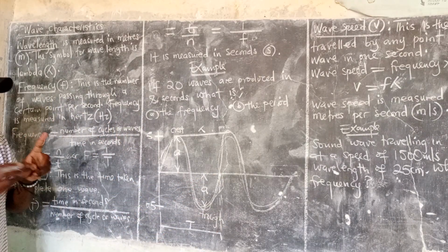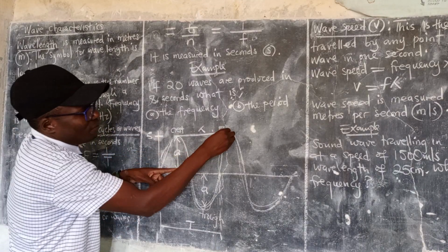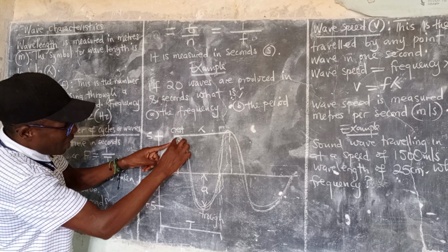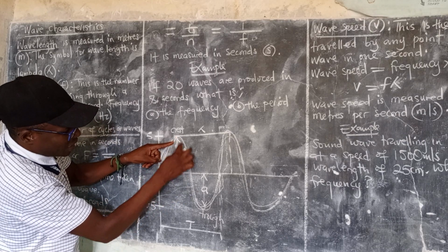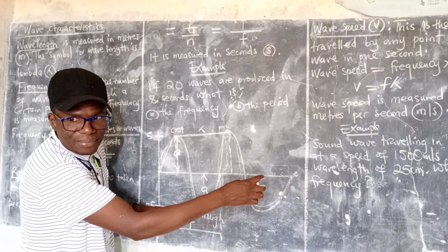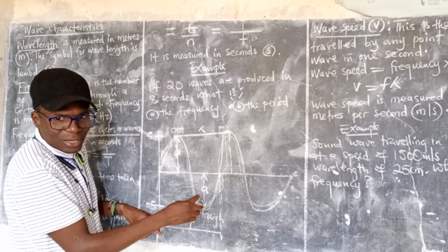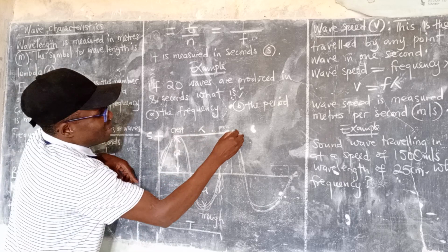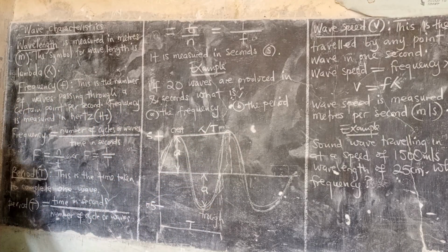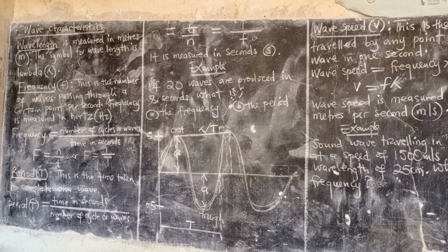But is it true that period can also be equal to the wavelength? Yes, it is true. How? The wavelength can also be equal to the period. As simple as that.